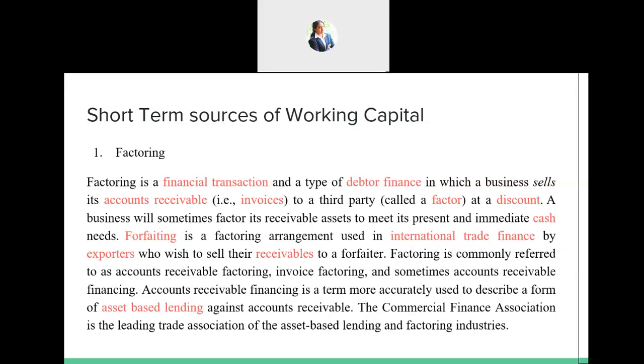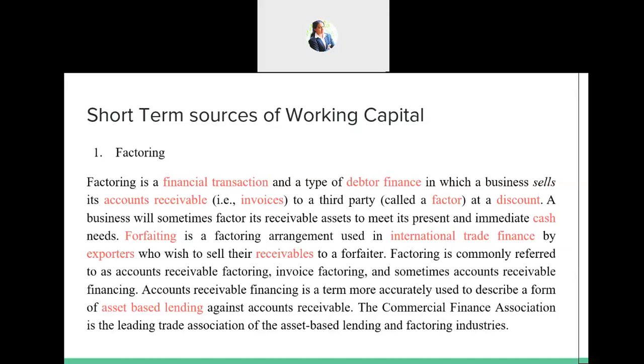Now, to speak of factoring in very simple terms, this is one such type of transaction which can be regarded as debtor finance. In this, what happens is that I have some amount of accounts receivable, in other words, the money that outsiders owe me in the form of accounts receivable or invoices.